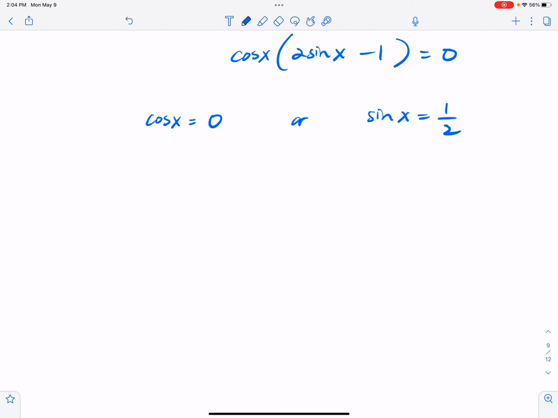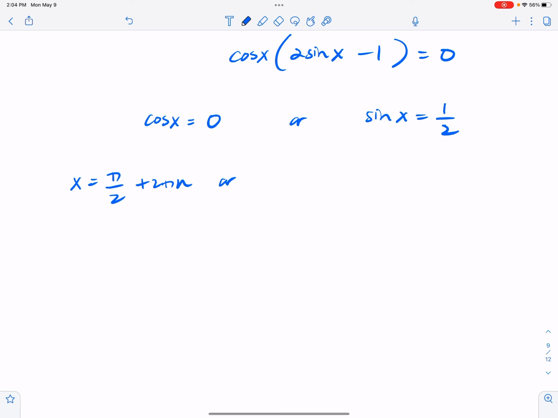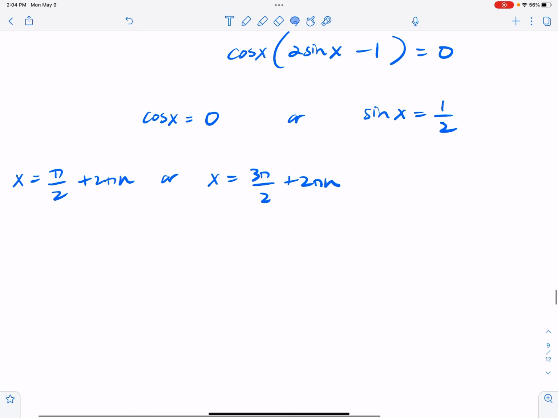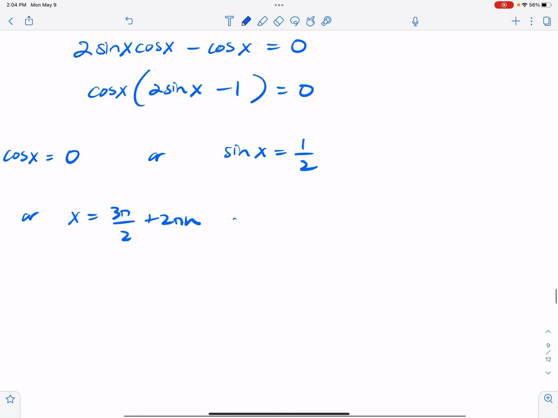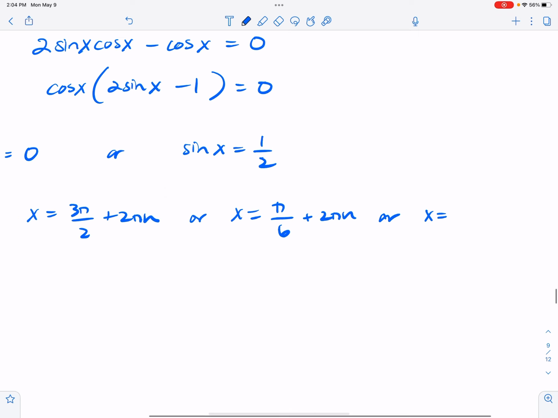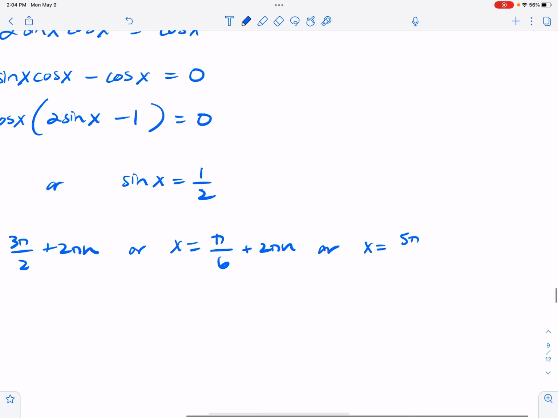So coming up with our general solution set here, we can think, okay, well, cosine would be 0 at pi over 2 and include all of the coterminal angles, or at 3 pi over 2. And then for sine equal to 1/2, that would be pi over 6 and all the coterminal angles, or 5 pi over 6 and all the coterminal angles.